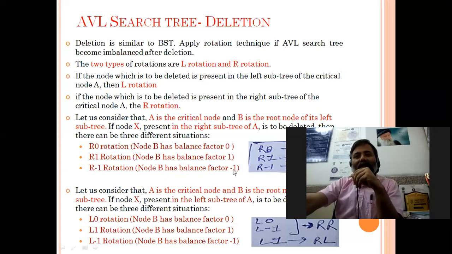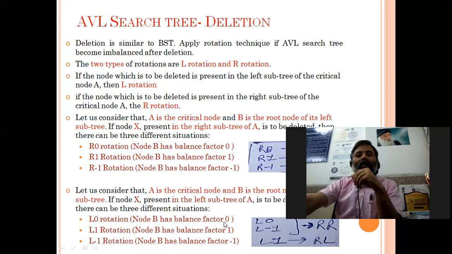And we will discuss all these rotation techniques, but here you should note that this R0 and R1 rotation is identical to the LL rotation we have discussed already, and R minus 1 rotation is identical to LR rotation. Similarly, if this node X is in the left subtree of this specific node A, then the right child will be node B. Okay.